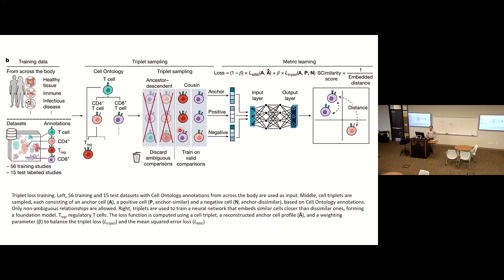And then use a negative cell which does not belong to the cell category of the anchor cell. So this uses this triplet. This is 3 cells, just like what we input here, the example I drew on the blackboard. We have a -1, +1, or +1, +1, -1, something like that.